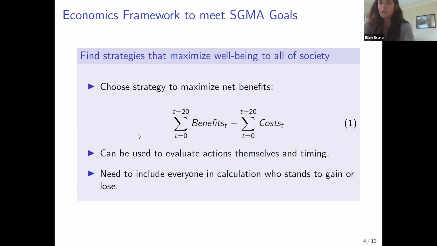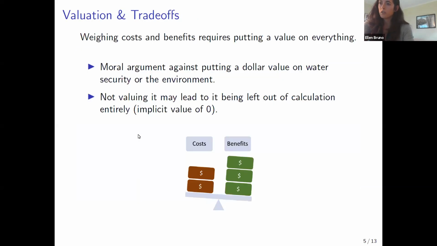Fundamental to doing this sort of economic calculation is putting a dollar value on everything that should come into this calculation. There could be issues with certain components that we want to value, such as water security and the environment.